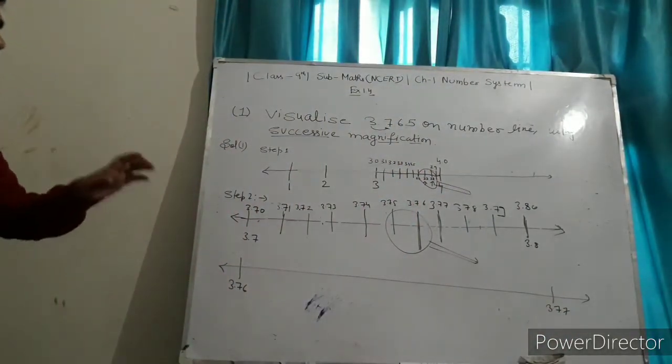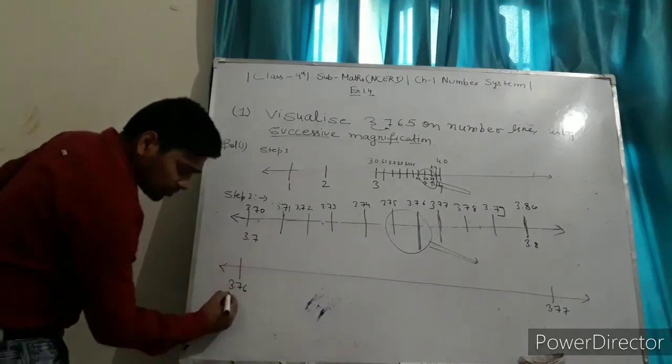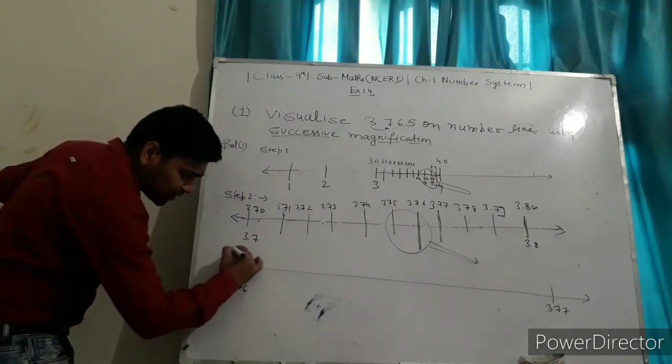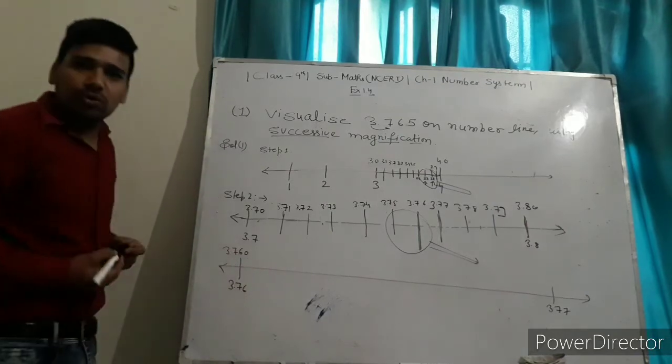Suppose this is 3.76, so I can write here 3.760, no problem.